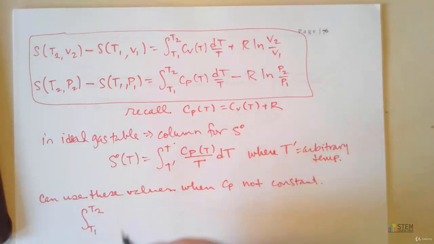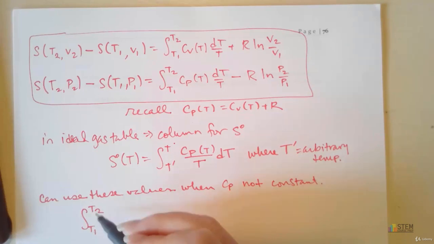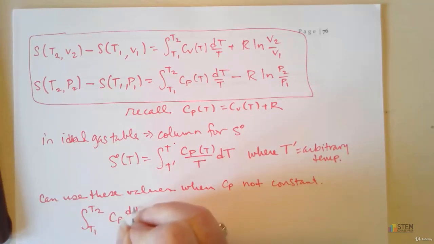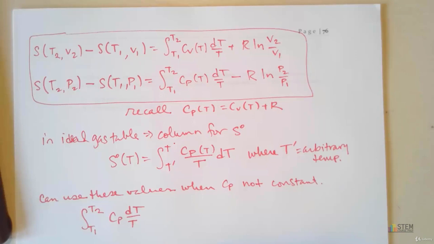So let's say we want to have the integral going from T1 to T2 of Cp times dT over T. All right, and Cp is not going to be constant, it's going to be changing.